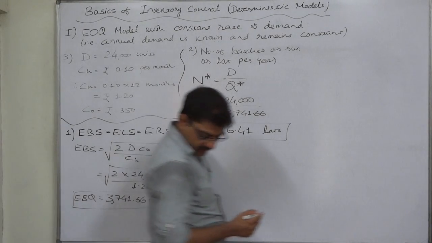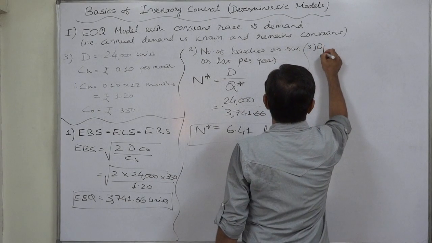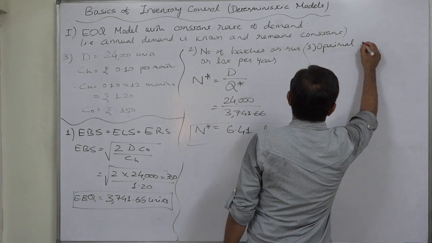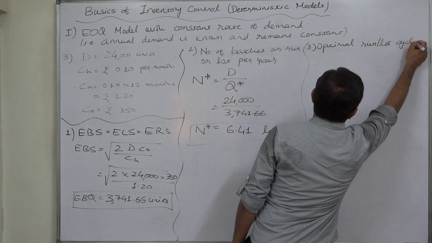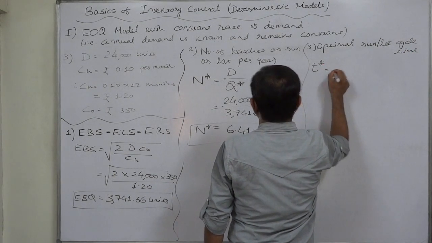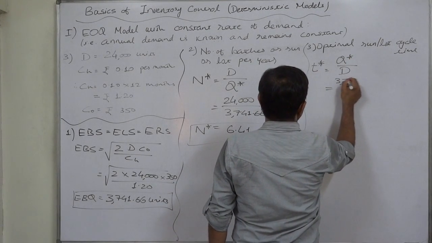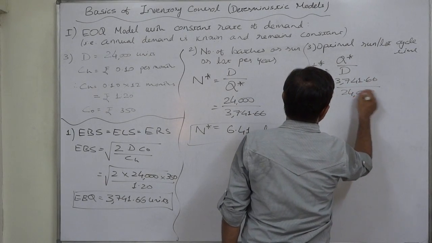Next is optimum run cycle time or batch cycle time. Optimal run or lot or batch cycle time. That is nothing but our T star. T star is Q star divided by D, that is 3,741.66 divided by 24,000.